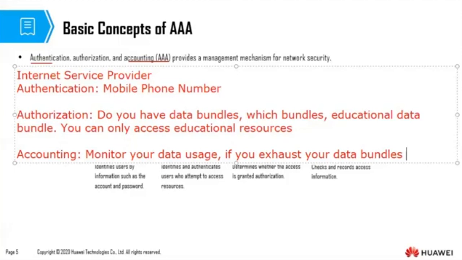When you have a fiber and a wireless access router there, that router will be authenticated by the AAA server at Safaricom. Then they look at what you are allowed to access. Then they monitor the bandwidth that you consume through the AAA server.